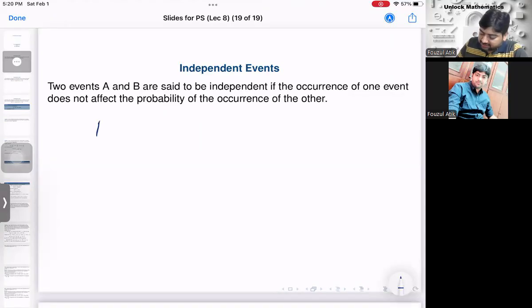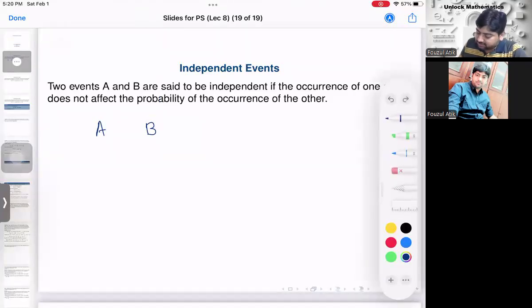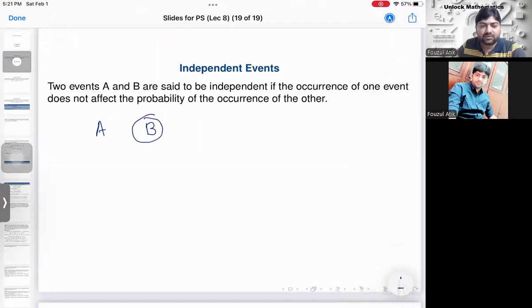I have two events A and B. Suppose event B has already occurred or not, it does not matter to the event A, because A is completely independent of B. Similarly, whether the A event has occurred or not does not matter for B. So B will have independent probability, A will have independent probability, right? In this case, we say that these two events are independent.